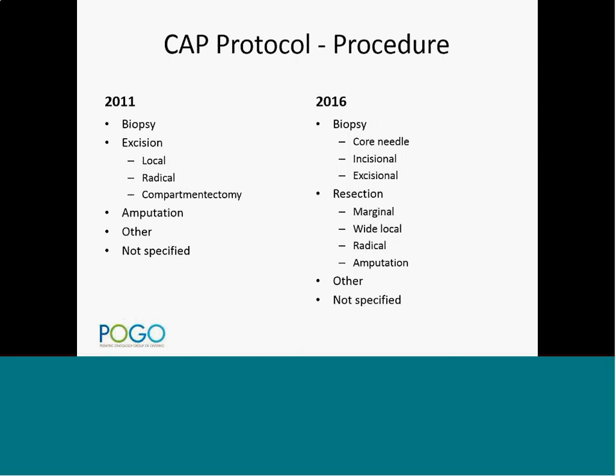It was tidied up a little in 2016 in the upcoming protocol with a little bit more detail under each of the categories, and amputation being pushed under resection together with those other categories there. So it's a little more detailed, but again, it sort of tidied up those categories of procedure.